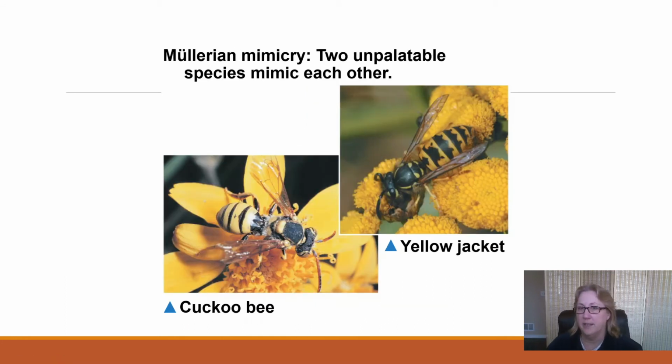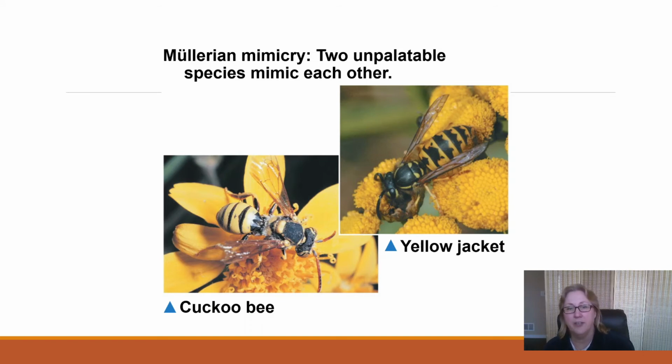Mullerian mimicry is when species imitate each other, but they're both either venomous or unpalatable. Unpalatable means bad tasting. So you probably know that bees and wasps all have very similar warning coloration with the yellow or orange and black stripes. And so they benefit. Why would species imitate each other?